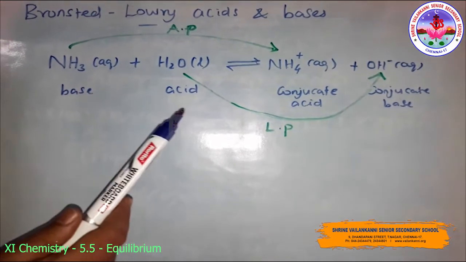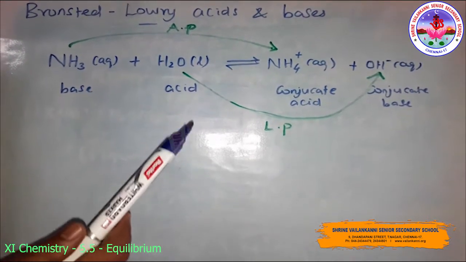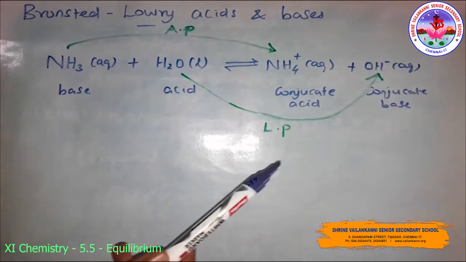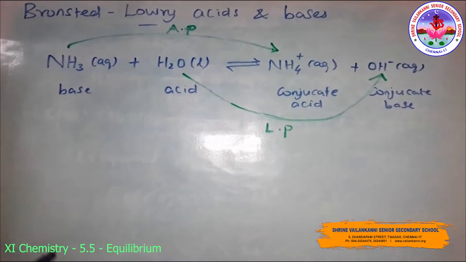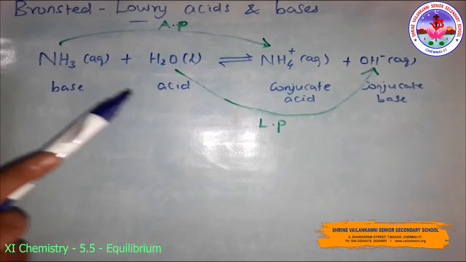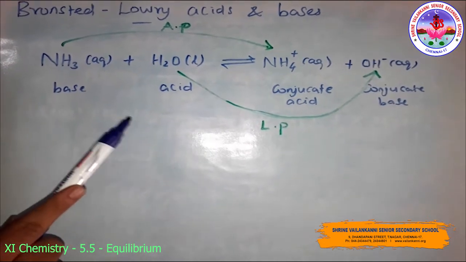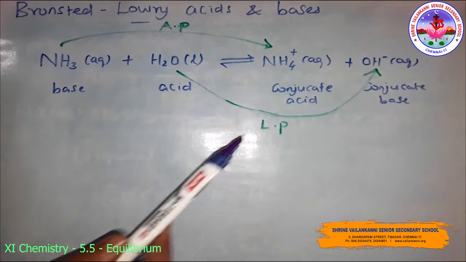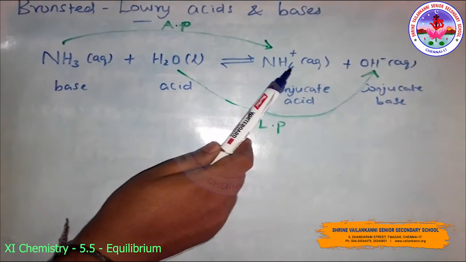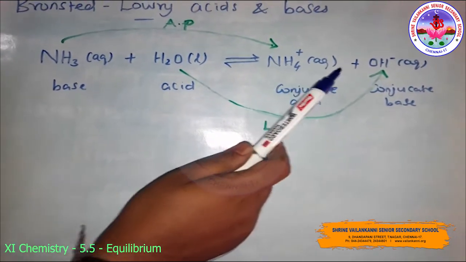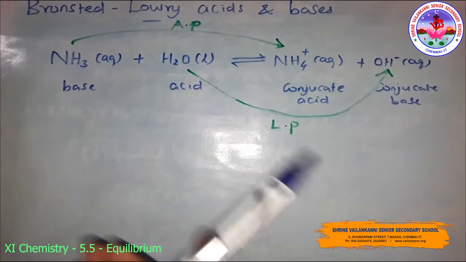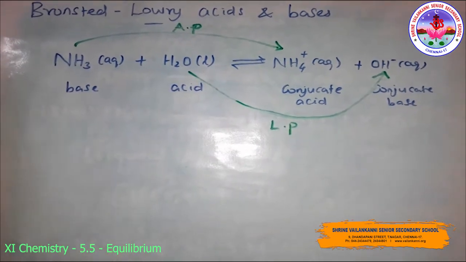If a Bronsted acid is a strong acid, then its conjugate base is a weak base, and vice versa. It may be noted that each conjugate acid has one extra proton, and each conjugate base has one less proton.